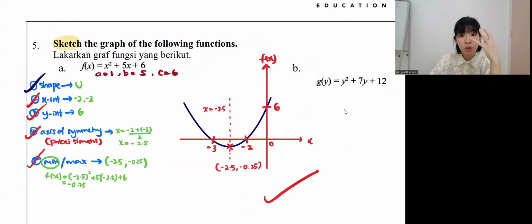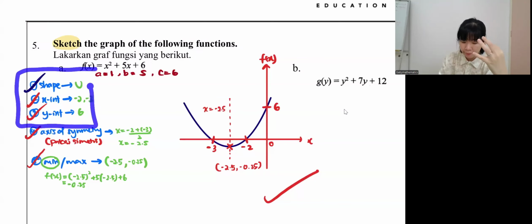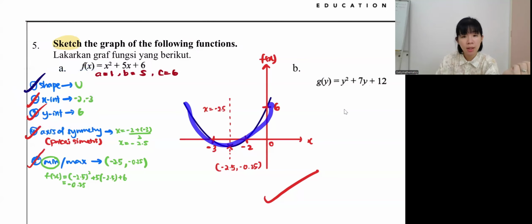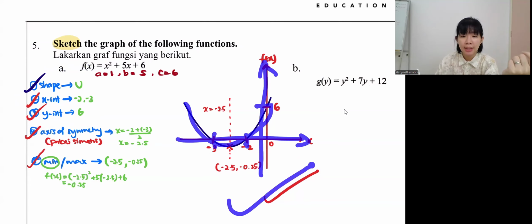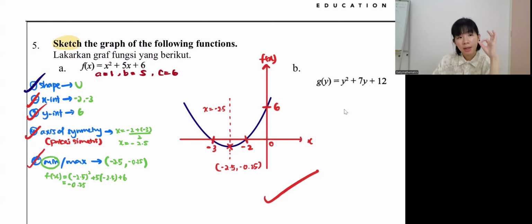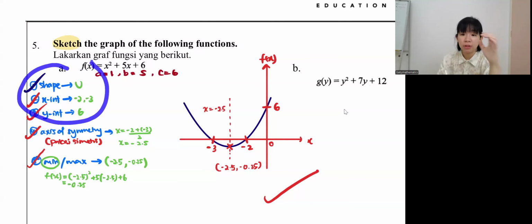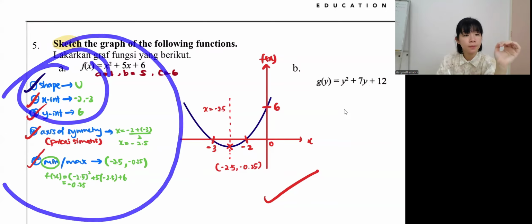But what if only 3 marks are given? Then you only focus on 1, 2, 3, which means you got the happy face, you got the x-axis labelled nicely, you got the y-axis labelled nicely, then done. 3 marks. Understand what I mean? In the exam, you look at the marks allocated. If it's only 3 marks, you can just focus on 3 things. If it's 5 marks, then you put everything.